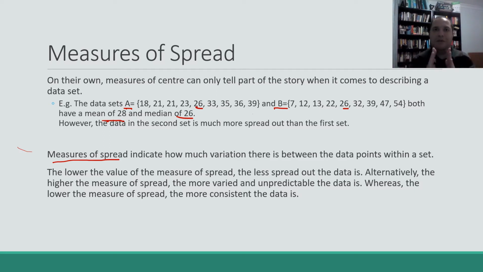Whereas the lower the measure of spread, the more consistent the data is, the easier it is to predict. High values of spread mean very spread out, very inconsistent. Smaller values of spread mean it's more consistent, more predictable.